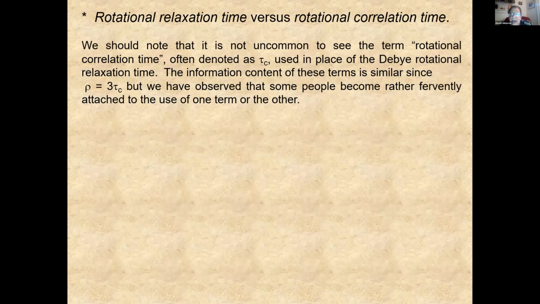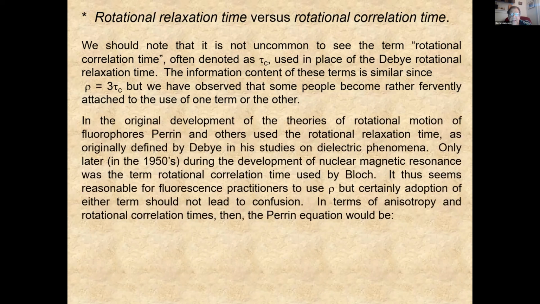Now I'm going to make a side comment about rotational relaxation time versus rotational correlation time, because it's not uncommon in the literature to see people using rotational correlation time, usually designated tau sub c, instead of the rotational relaxation time. The information content is the same, because it turns out the rotational relaxation time is exactly 3 times the rotational correlation time, but people get attached to one term or the other.